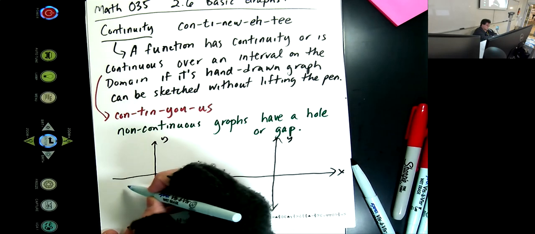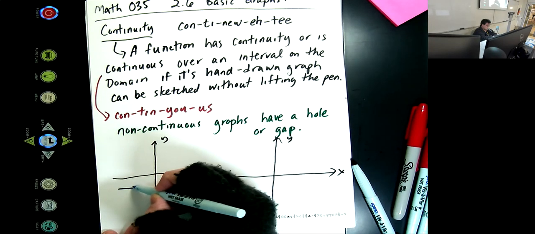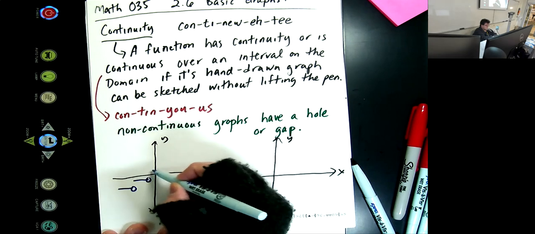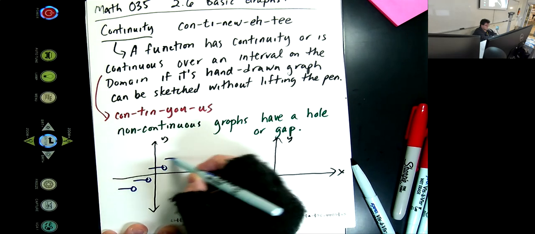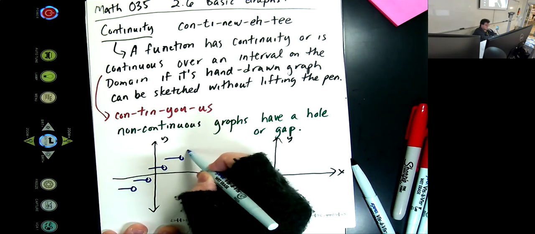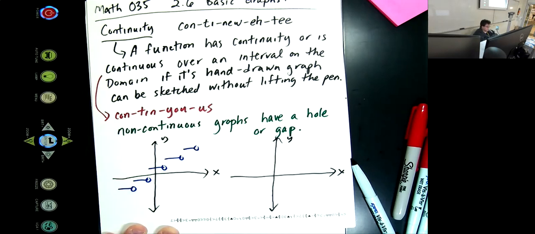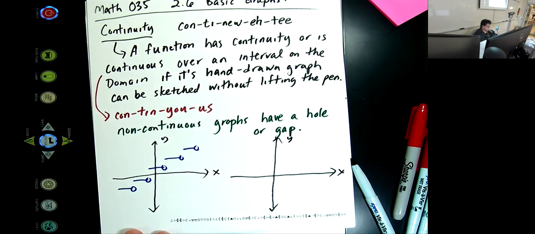One thing I could do is have a graph that goes like this. If I lined them up right, it's called the greatest integer function. It's in the notes to teach you, but I'm not teaching it. It's a dumb function and no one's ever using it.